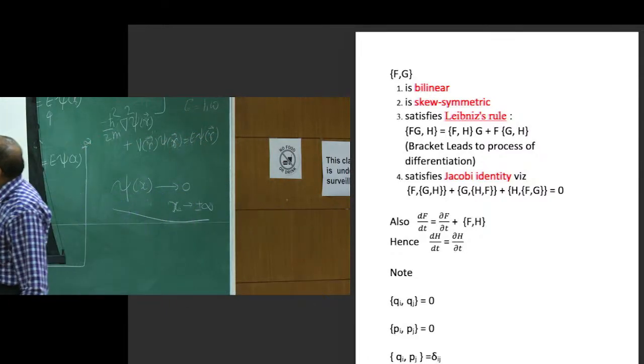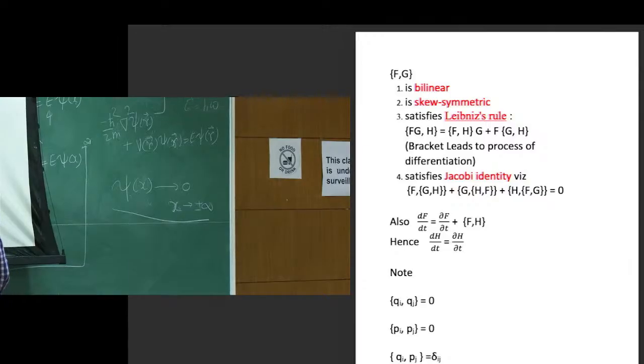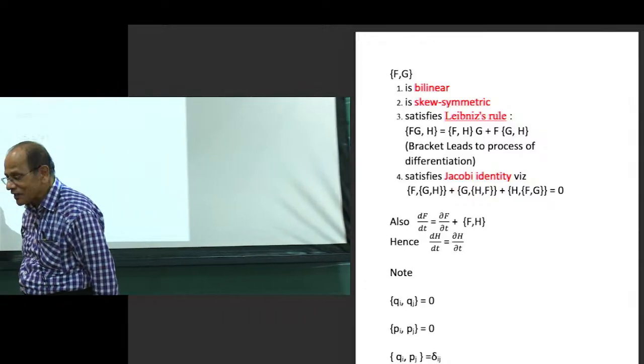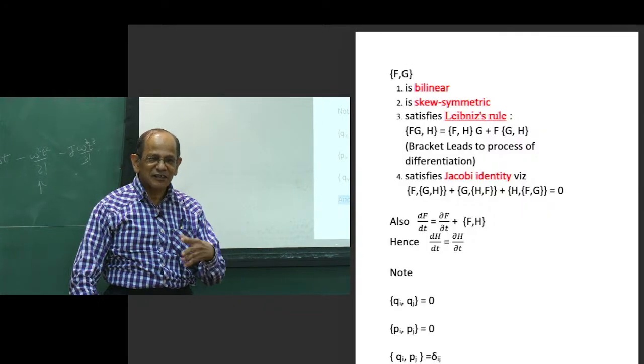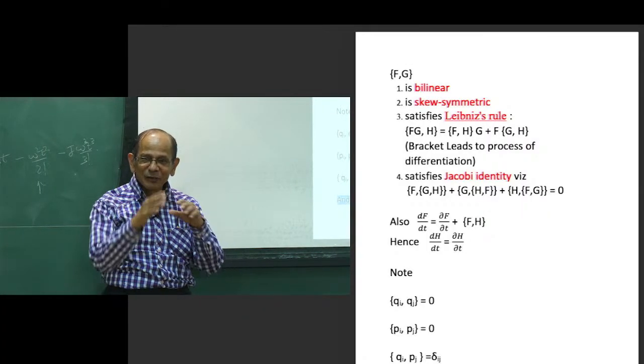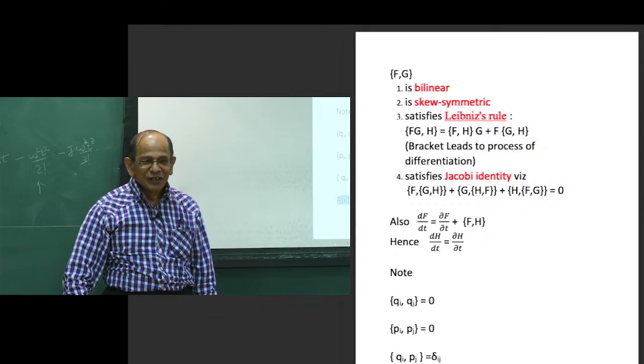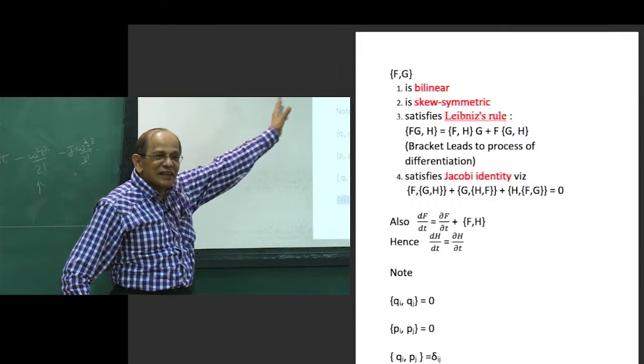And the last is a little tedious thing, it satisfies the Jacobi identity. Its derivation will take a couple of pages if you work it out in detail, but take for granted that this is true.